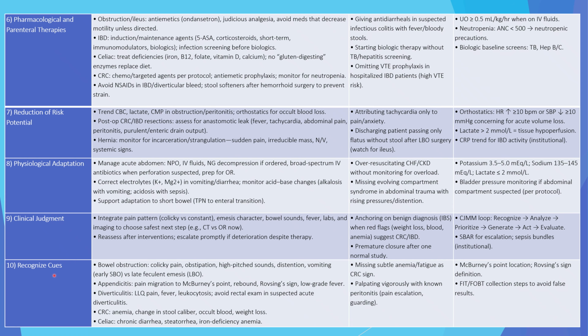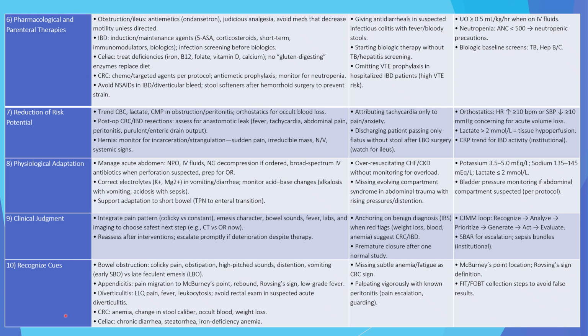Appendicitis: pain migrating to McBurney point, Rovsing sign, low-grade fever. If you want to know about these keywords, go to the part 1 terminology, where I have nice pictures. Diverticulitis: left lower quadrant pain, fever, leukocytosis, avoid rectal exam in suspected acute diverticulitis.